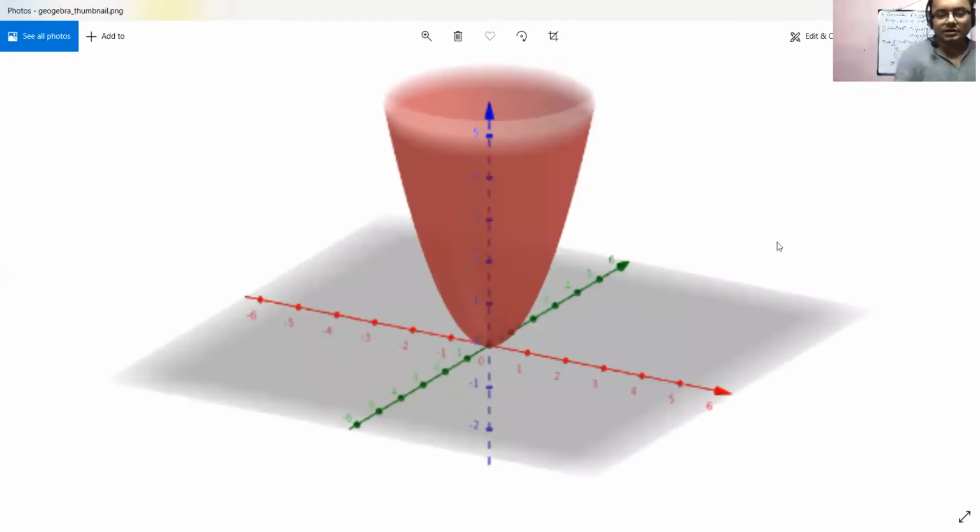As you can see, the center lies at 0. So this is basically z equal to x square plus y square. And now looking at the 3D structure, you can easily imagine how the IC will be, and this is quasi-convex.